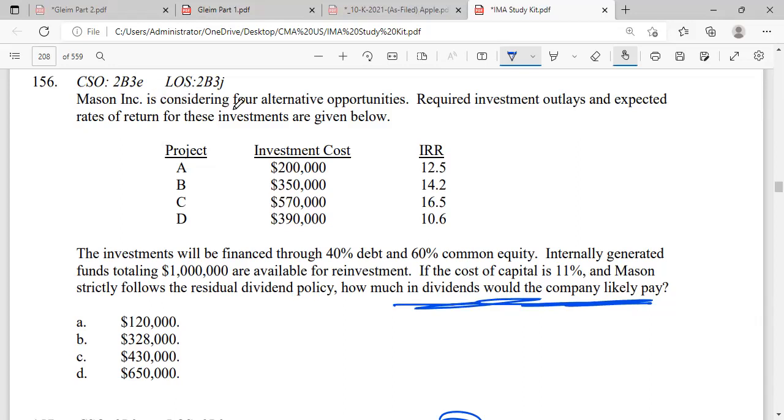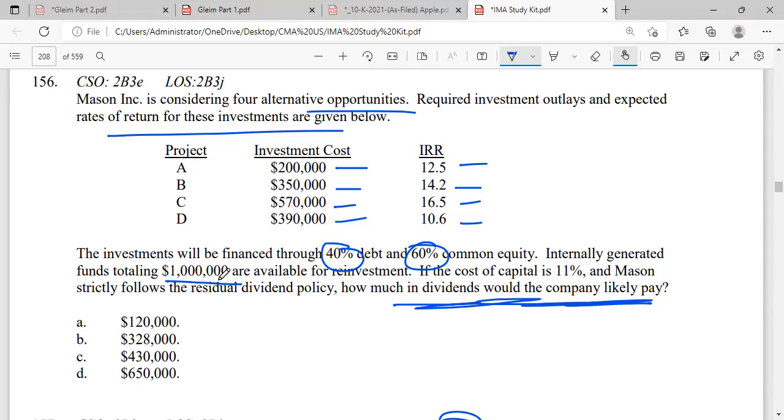Mason Inc. is considering 4 alternative opportunities. Required investment outlays and expected returns for these investments are given below. Investment: 200,000, 350,000, 570,000, 390,000. IRR: 12.5, 14.2, 16.5, 10.6. The investment will be financed through 40% debt, 60% common equity. Internally generated funds total 1 million are available for reinvestment.